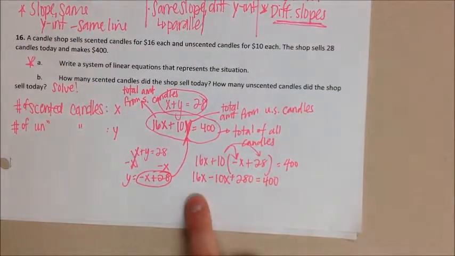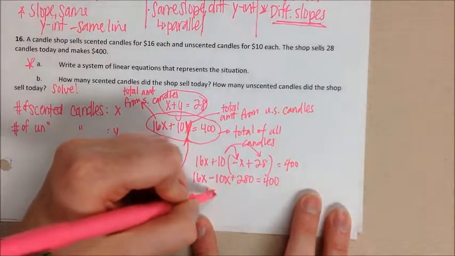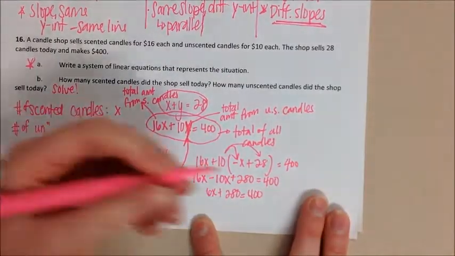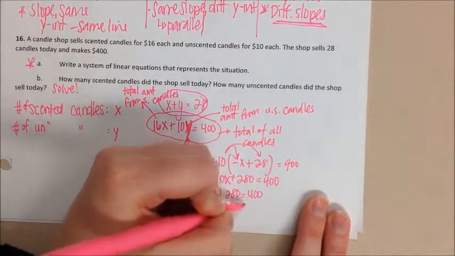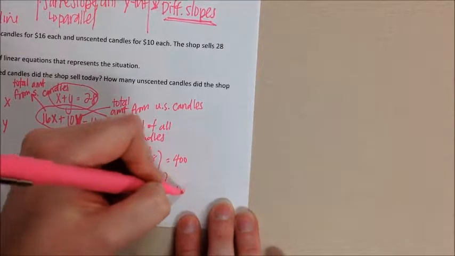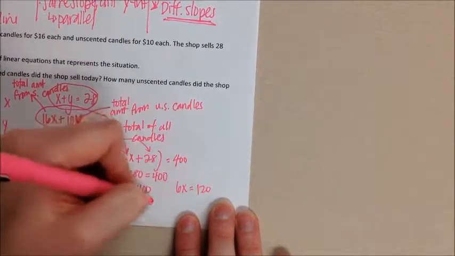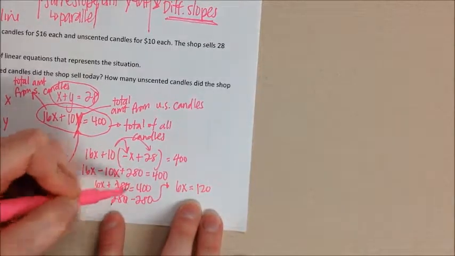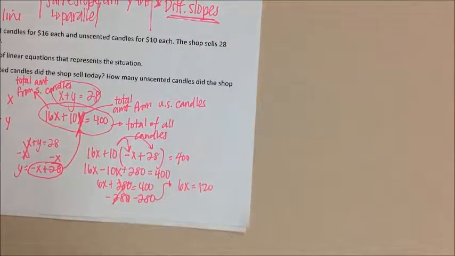Okay, 16x minus 10x is 6x. And then if I subtract 280 from both sides, I get 6x equals 120. Okay, so this went away. 400 minus 280 is 120.